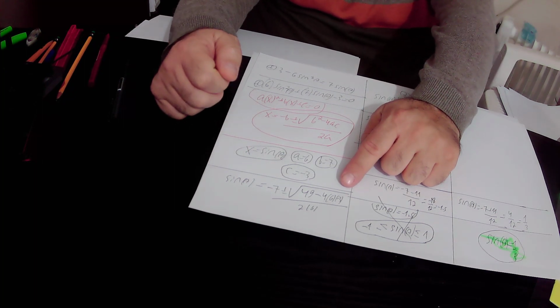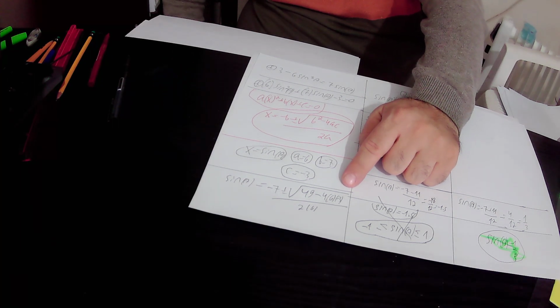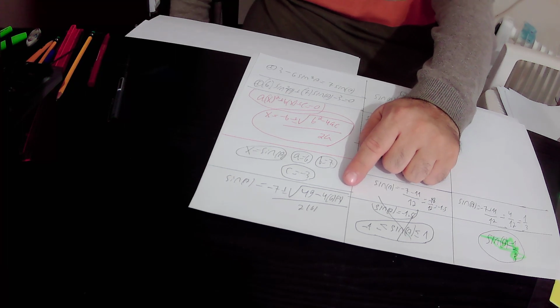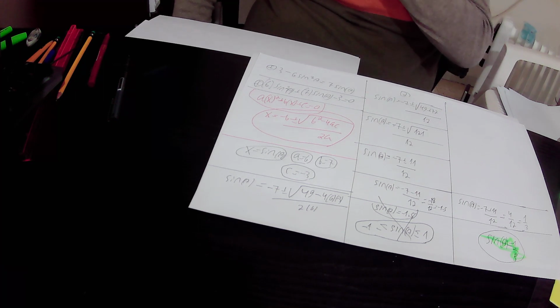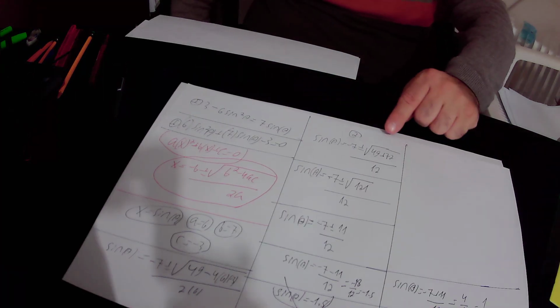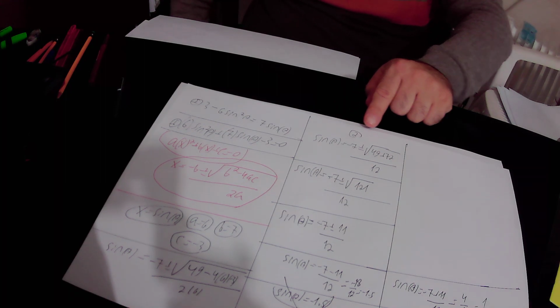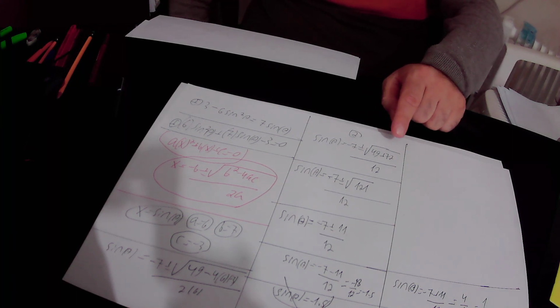B is 7, so b squared is 49, minus 4 times a, that is 6, times c, that is minus 3. So minus 4 times 6 is minus 24, minus 24 times minus 3 is 72, plus 72. So inside the root we have 49 plus 72, so sine theta equals minus 7 plus minus square root of 49 plus 72, over 2a. 2 times 6 is 12.